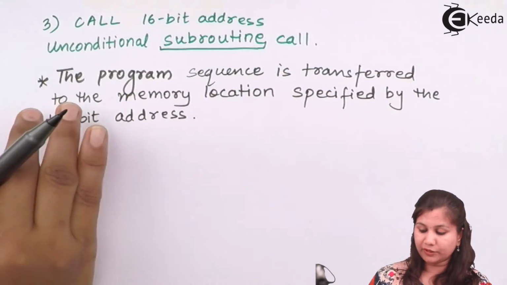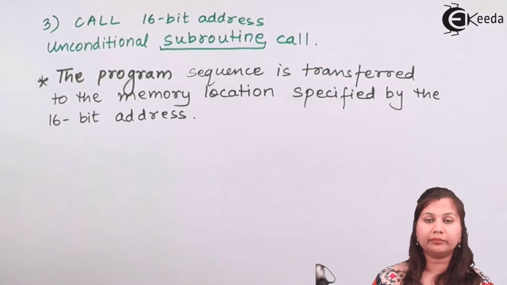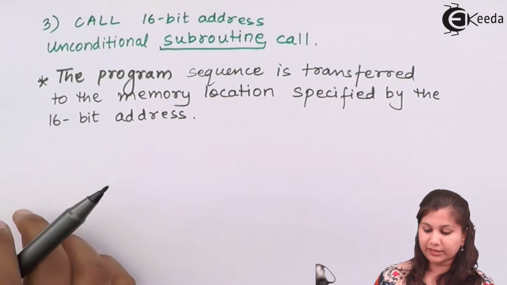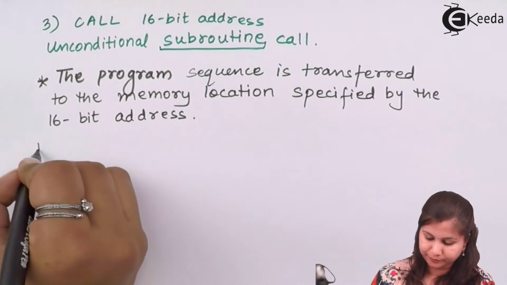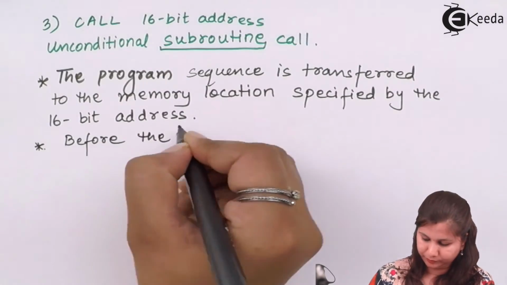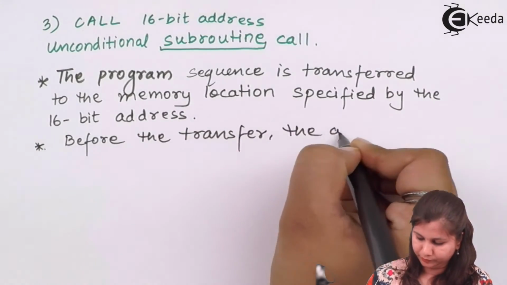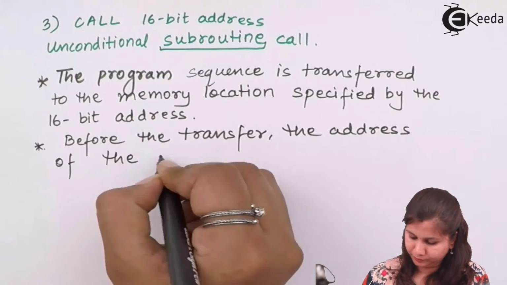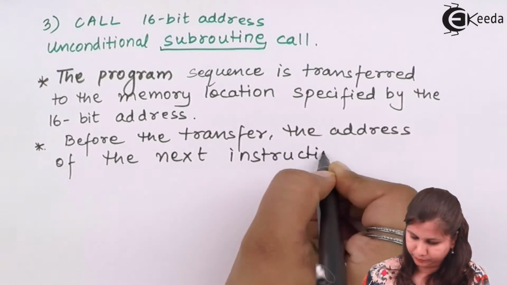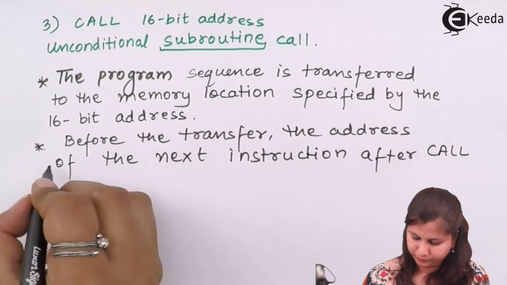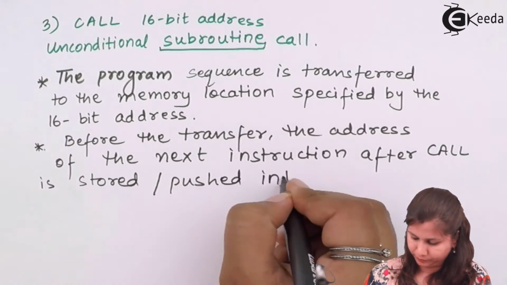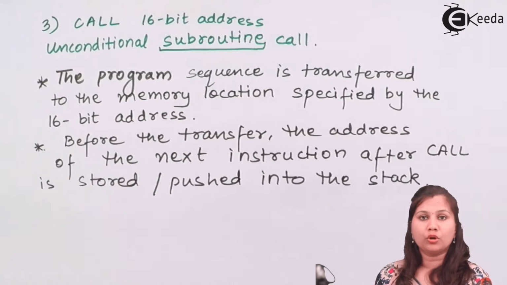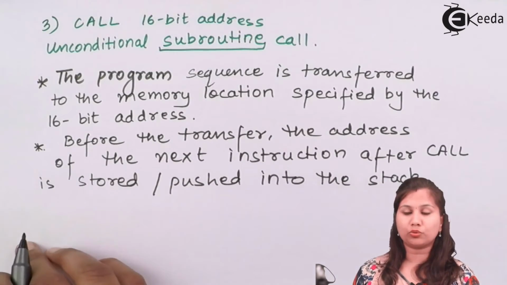Now before the transfer of the program sequence is done, the address of the instruction which is written after the call instruction, that next instruction, will be stored in the stack using the push instruction. So the address of the next instruction will be stored in the stack.